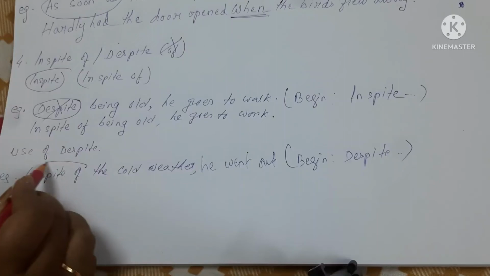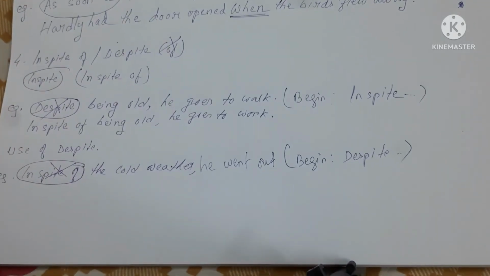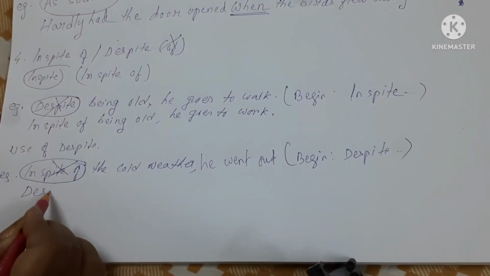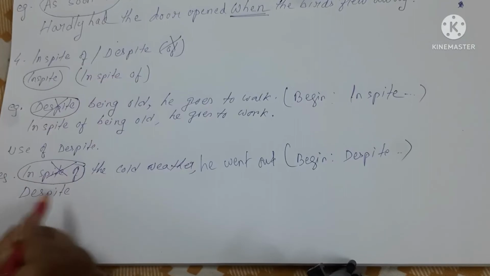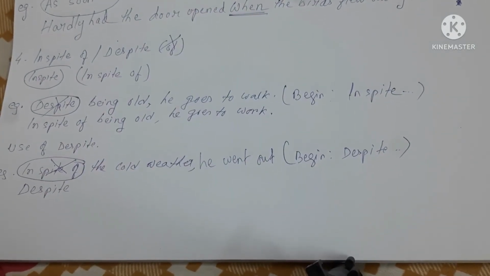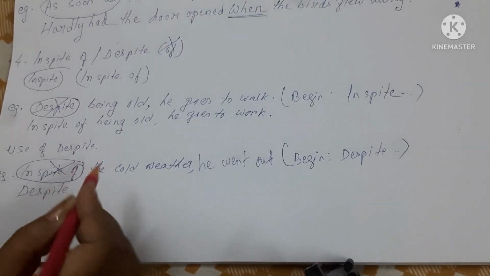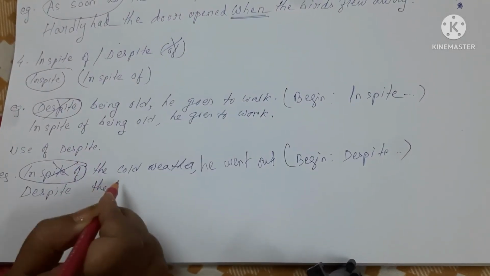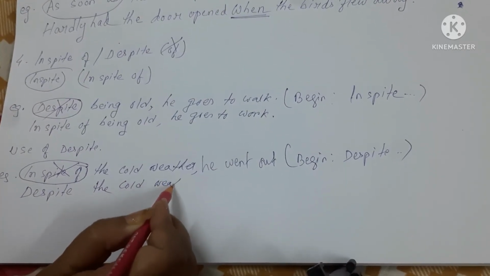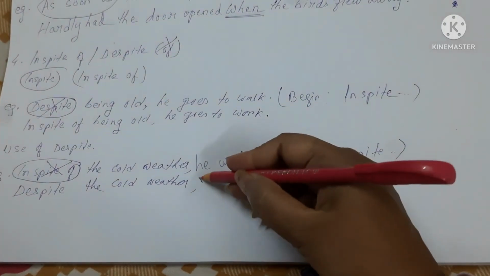So, you have to just remove in spite of. In place of in spite of, you have to write despite only. You will never use of with despite. Now you have to copy the rest. Despite the cold weather, he went out.